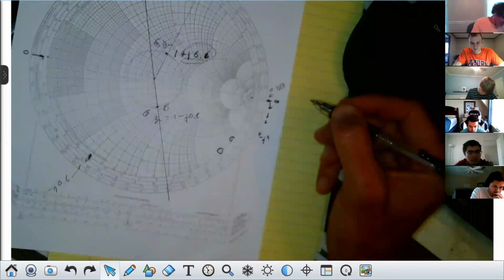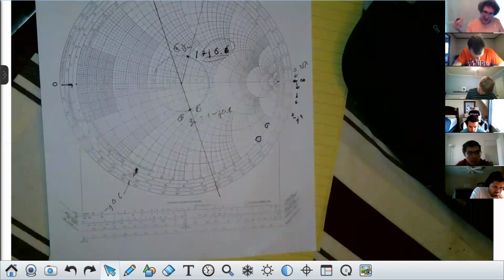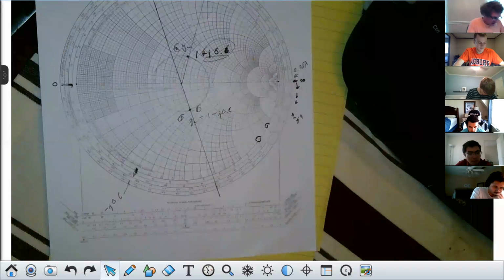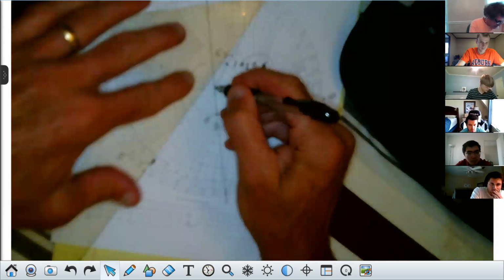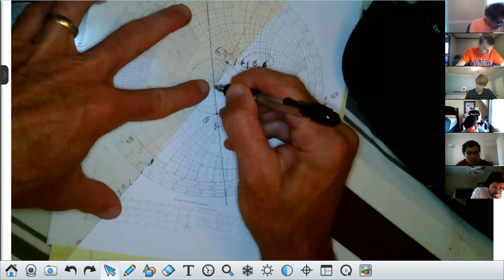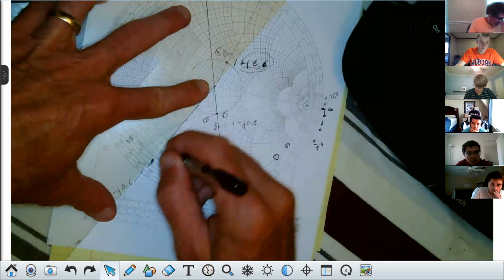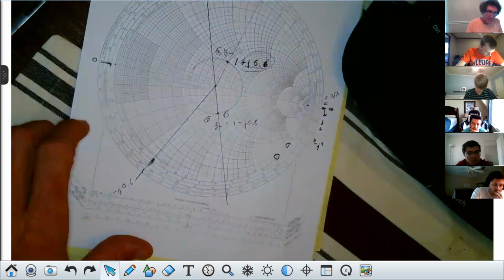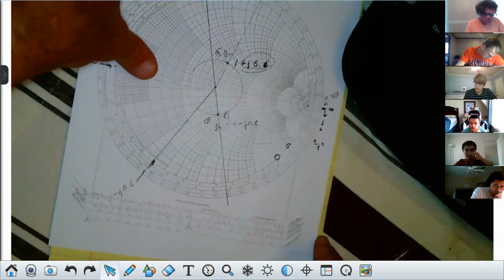All right, so what's this point out here? Now, this is important. Take your straight edge and go from the center of the circle like I'm doing. Put your pen there, and go right through 0.6, which is about there, and draw a straight line. You're going to get a little bit of difference from me, and then it comes out. You see what I've done? I went right through that point, minus j0.6.